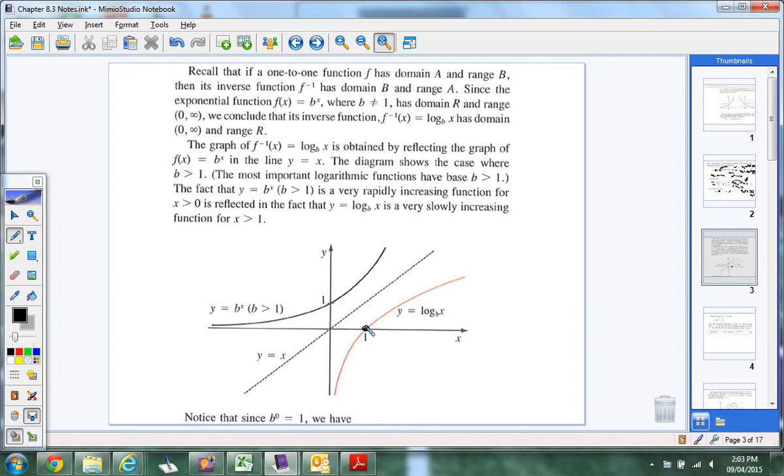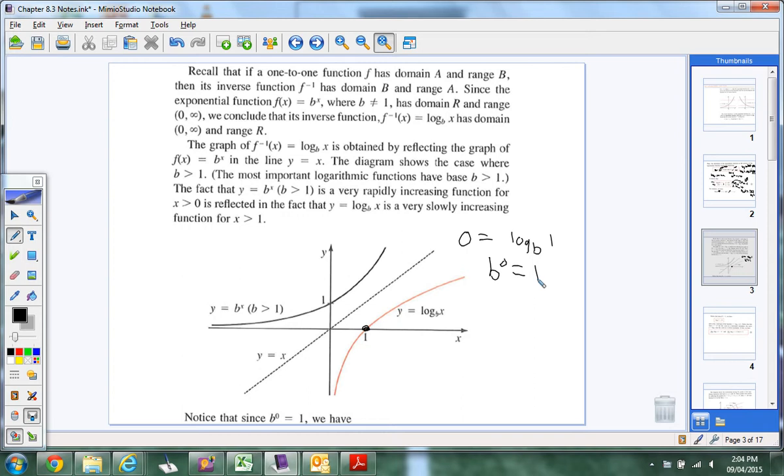Because this is y, my y is 0 and my x is 1. So what that's saying is b to the 0 equals 1, and anything to the 0 power equals 1. All your logs are going to have that pattern, and it gives you an indicator of how things are growing.